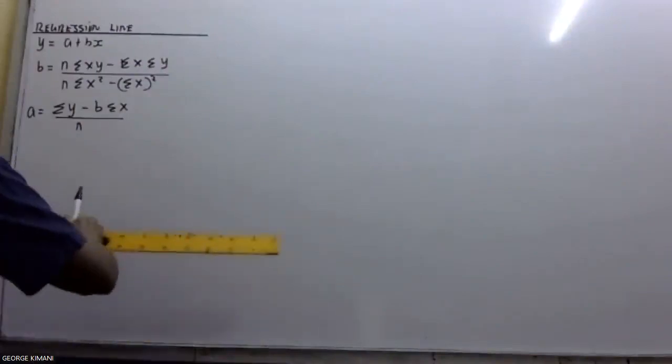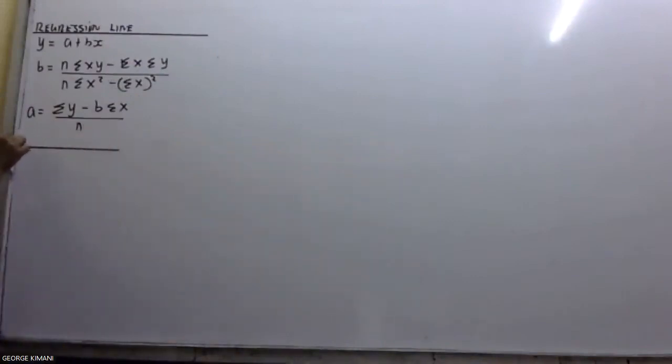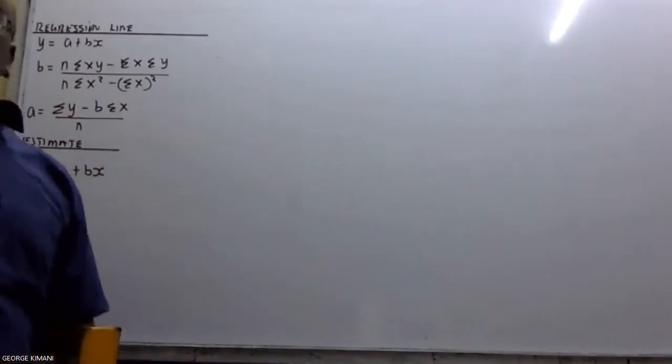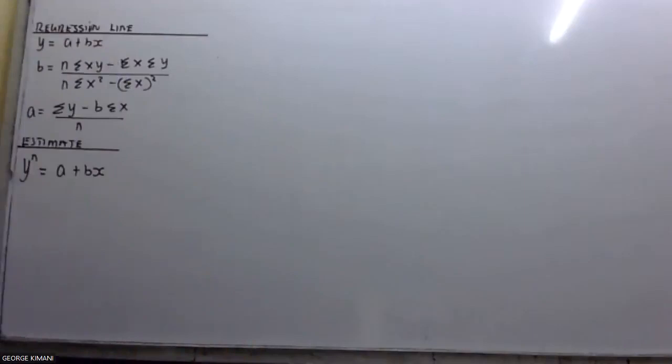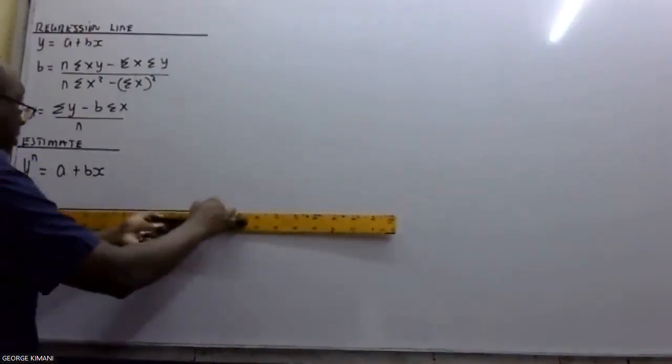The next thing is the estimate. The estimate will be given as y predicted is equal to a plus bx, after we have known the values of a and b. The next thing they require is the product moment correlation coefficient.